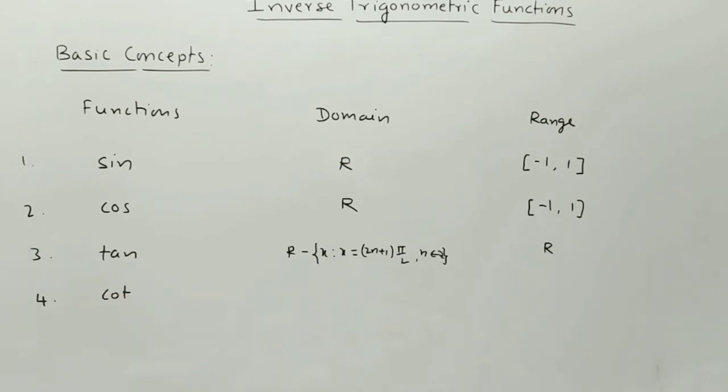Cot is cos by sine. Sine should not be 0. Sine function is 0 for multiples of pi.